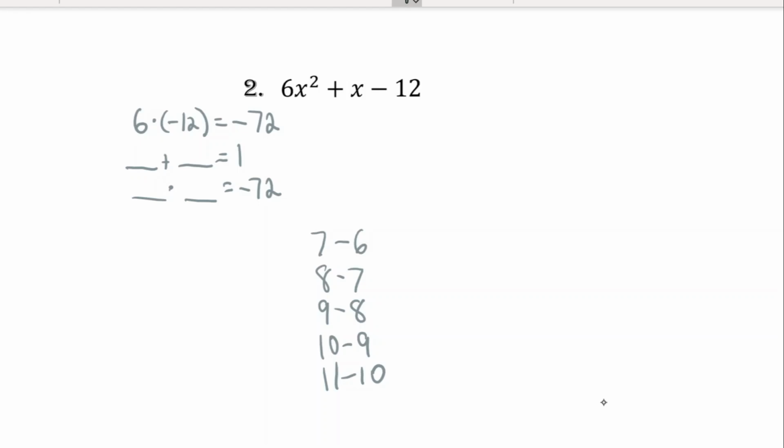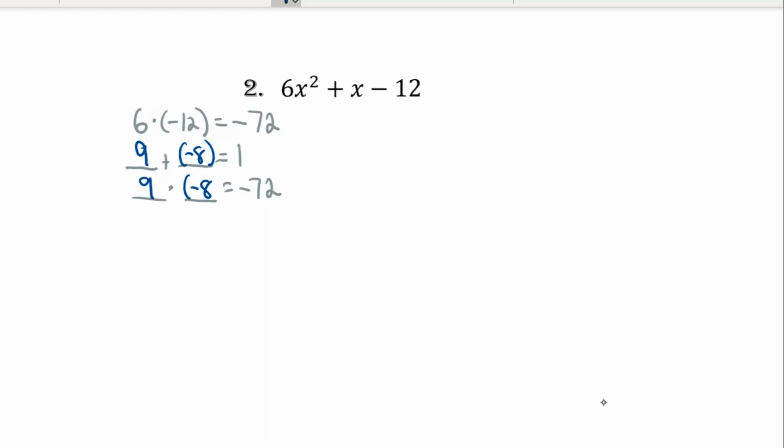So that kind of narrows it down when I look at which of these numbers is going to multiply to be negative 72. 8 times 7, no, it doesn't work. 9 times 8. 9 times 8 is 72. So it kind of narrows down when you have bigger numbers like this, if you think a little bit logically. So anyways, 9 and minus 8 is going to work. 9 and negative 8 subtracts, gives me 1, and multiplies and gives me negative 72.